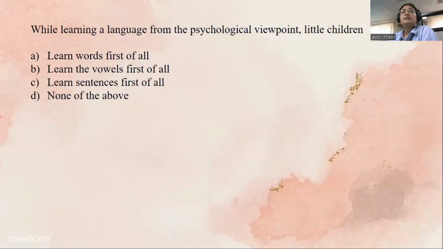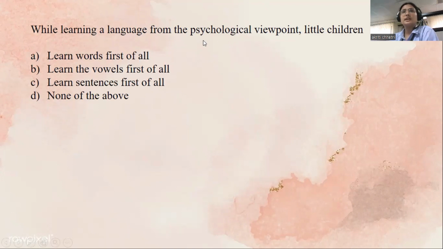Next question. While learning a language from the psychological viewpoint, the children, option A, learn words first of all; learn the vowels first of all; learn sentences first of all; and none of the above. By learning a language from the psychological view, you are not going to choose the option by your own viewpoint.